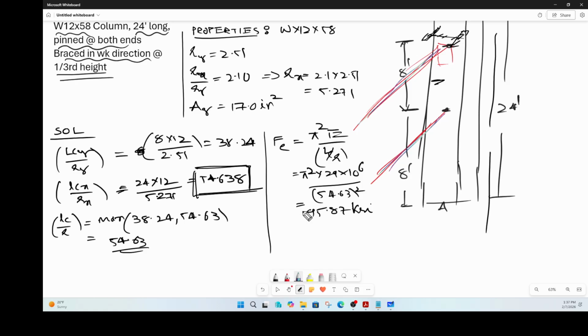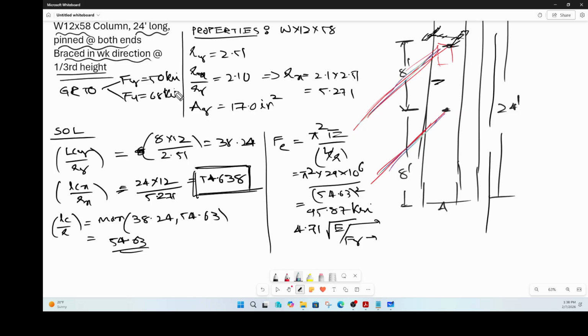Then you find out your limit, which was 4.71 times the square root of E by Fy. E is 29,000 ksi. For Fy, what steel was it? I think that information was missing. So let's treat this as a 50 ksi steel, grade 50, which means your Fy is 50 and Fu is 68 ksi.